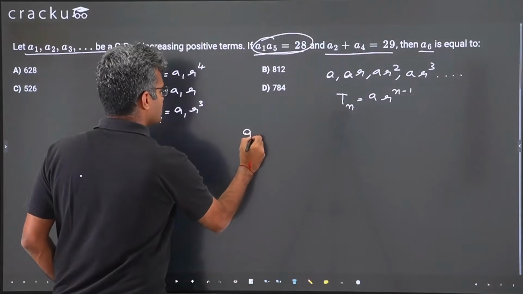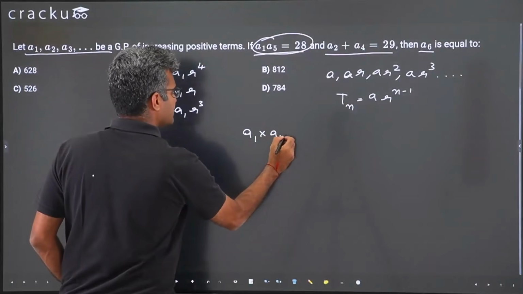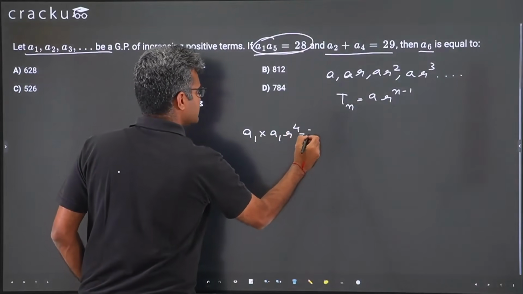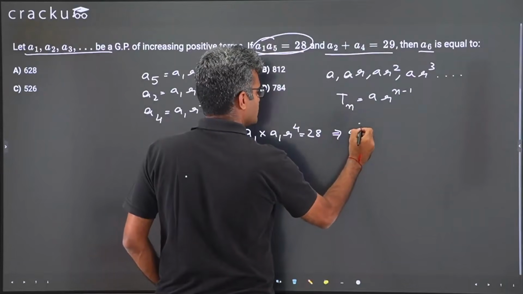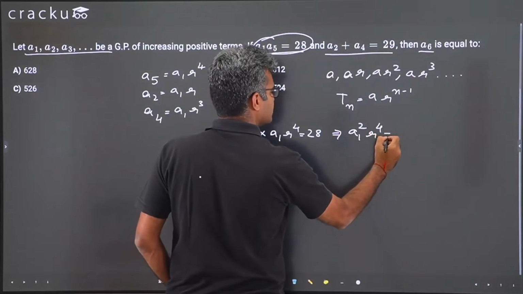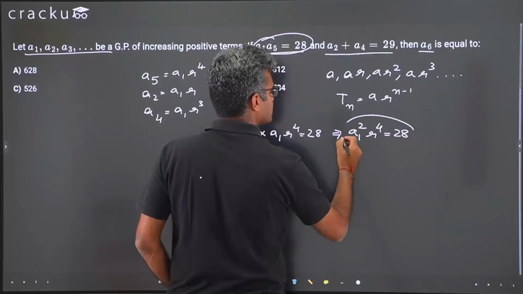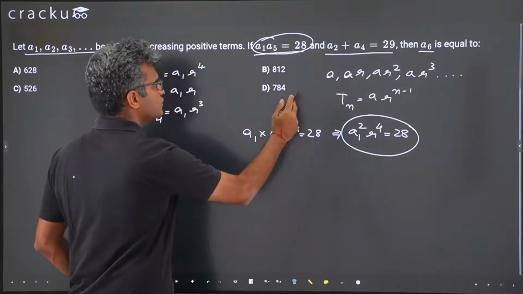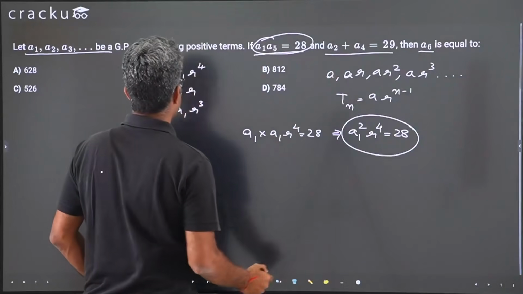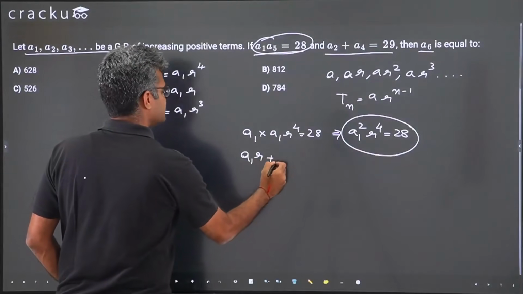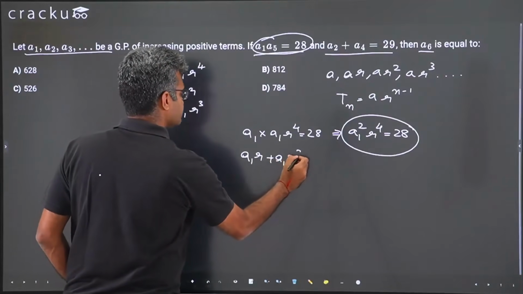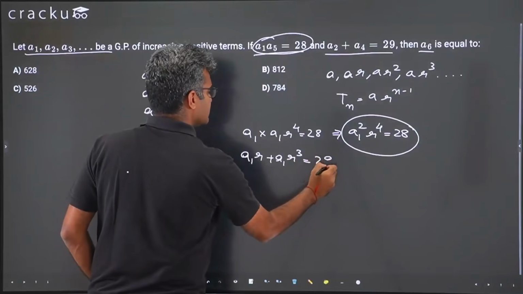So a1 into a1 r to the power 4 is equal to 28. This would imply that a1 square into r to the power 4 is 28. a2 plus a4 is 29. What is a2? a2 is a1r plus a4 is a1r cube. This is equal to 29.